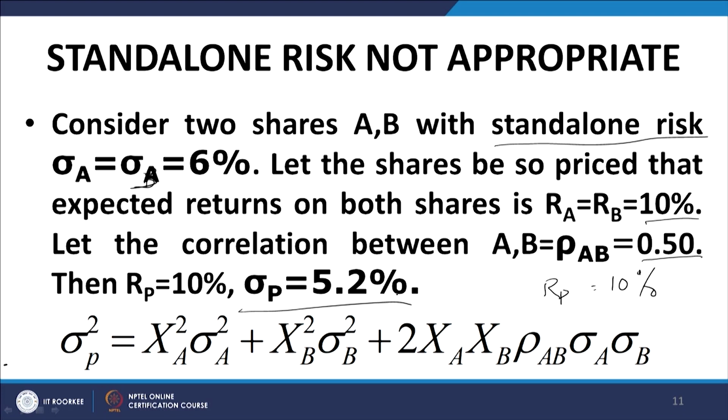So, let me repeat, we have two securities A and B, both have the same risk in terms of standard deviation of 6% and both have the same expected return of 10%. I constitute a portfolio of A and B, the correlation between them is 0.50, with equal composition of A and B, and I find that I end up with a new security. Portfolio is nothing but a point in risk return space as far as we are concerned.